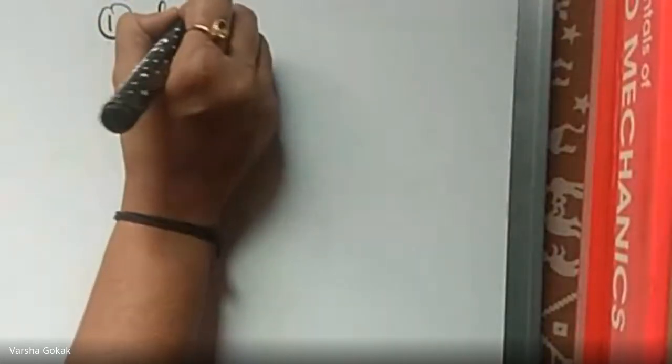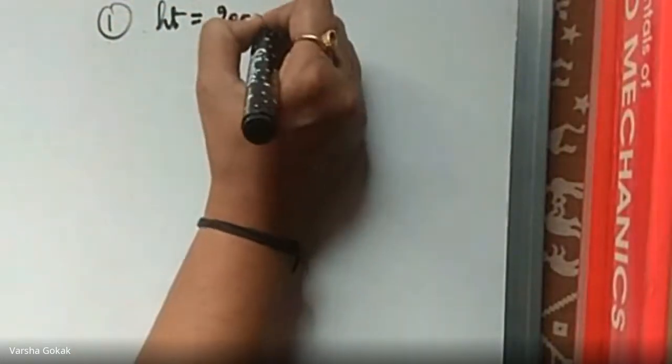First numerical, I hope you all are sitting with your calculators. A pilot is flying his bomber plane. So you know what is a bomber plane? It drops bombs, okay? A pilot is flying his bomber plane at a height, he's given a height, of 2000 meters.